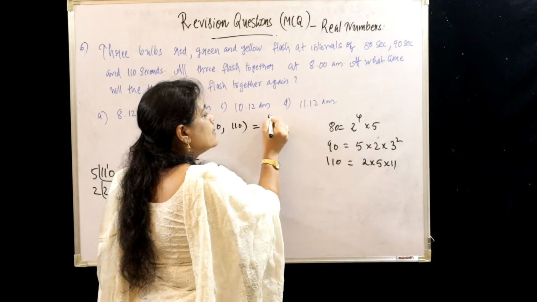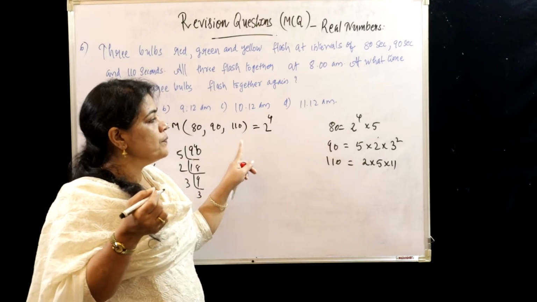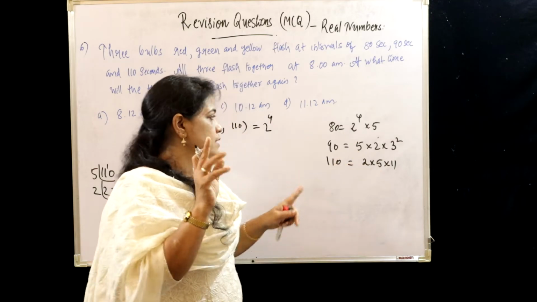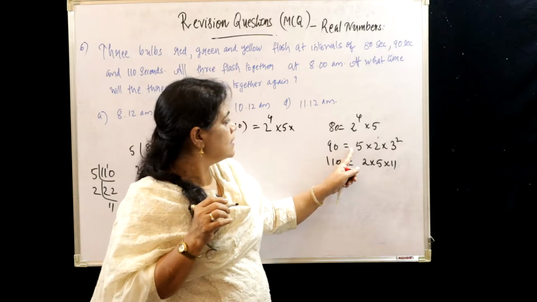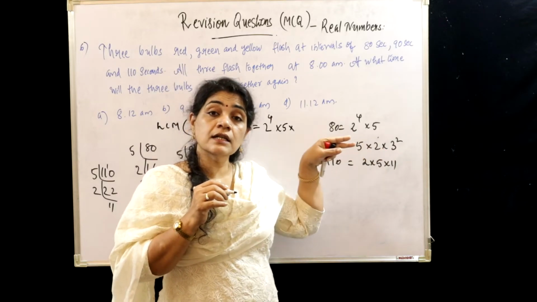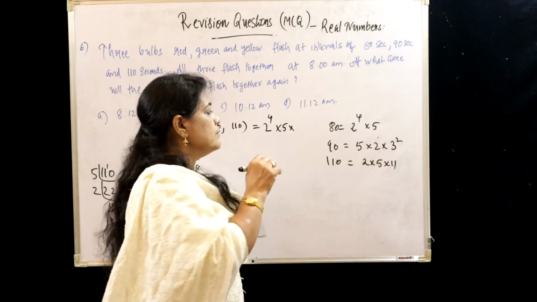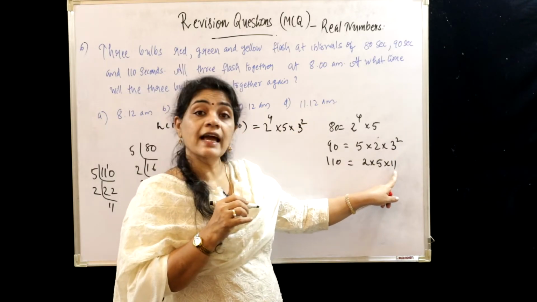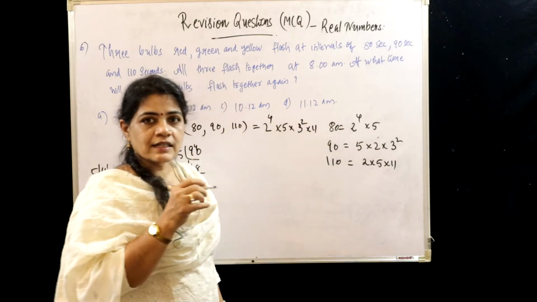So we take 2 raised to 4. And 5, the greatest power is 5 itself, that is 1. So 5, and here you have to consider 3 square, and finally 11 also we have to consider to get the product.